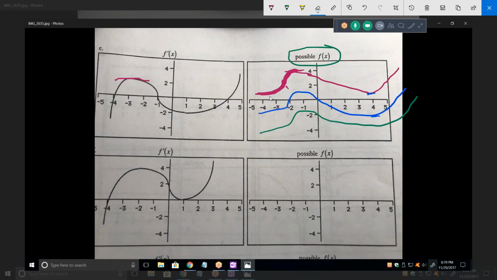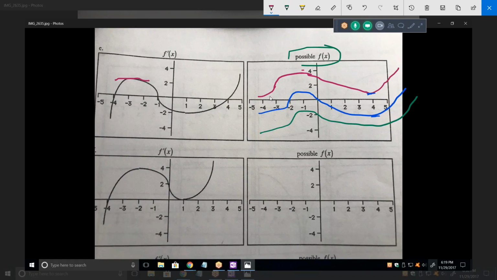And let me redraw this a little more accurately. I know that my inflection point occurs right there. So I've got to be concave up and then concave down, like that. Now that fits perfectly, I believe.